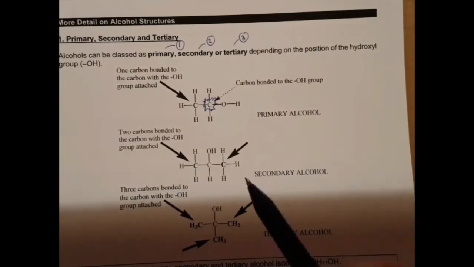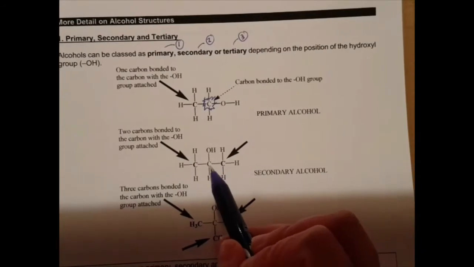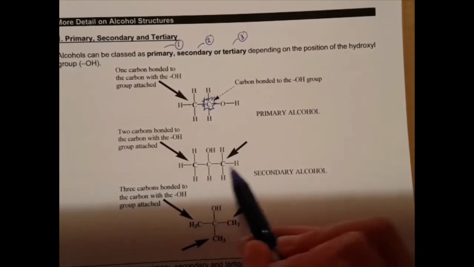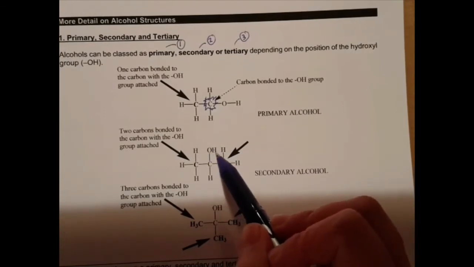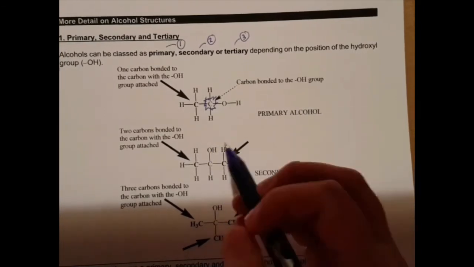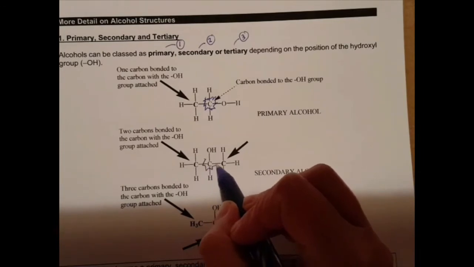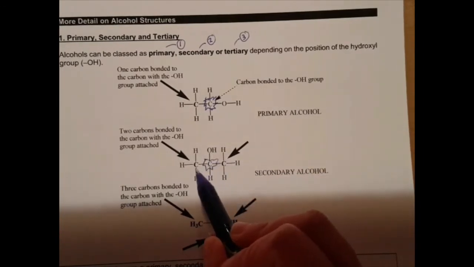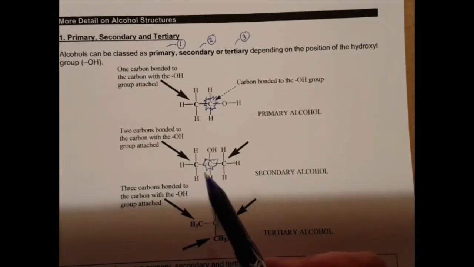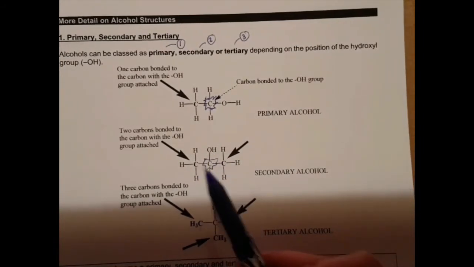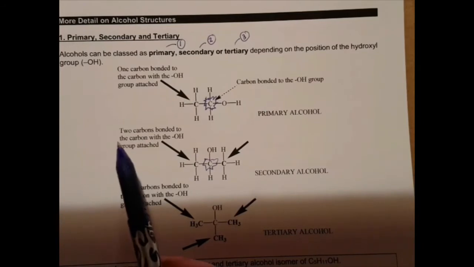If, on the other hand, you've got a hydroxyl group, and actually the hydroxyl group has to be in the middle of a chain for this to be the case. The hydroxyl group can be bonded to this carbon atom here, and this carbon atom here is then bonded to 2 other carbon atoms. And if the carbon atom that's attached to the hydroxyl group is bonded to 2 other carbon atoms, then that's going to be classified as a secondary alcohol.